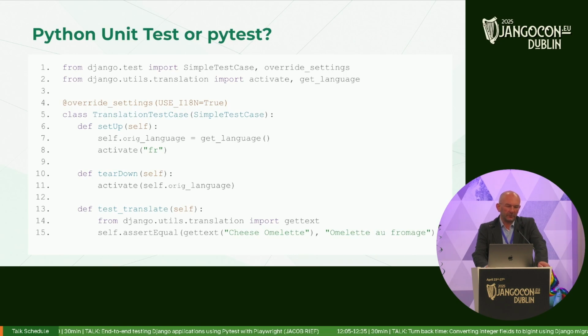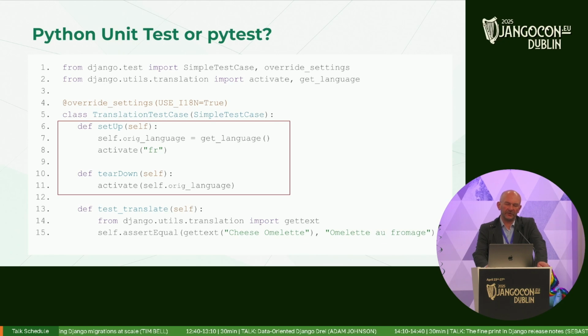Django's testing framework is based on Python unit tests, which itself is inspired by Java's JUnit. All tests are class-based. Django introduces the simple test case, which inherits from the built-in test case class. The functions setup and teardown are called before and after a test is executed.